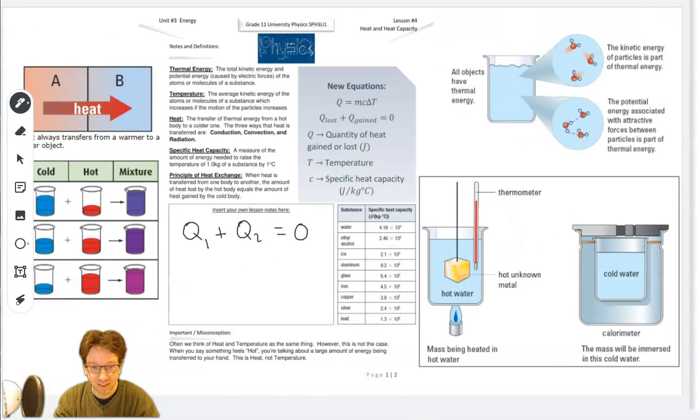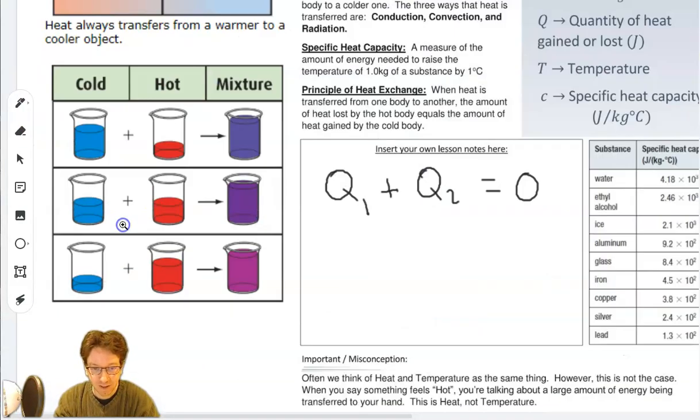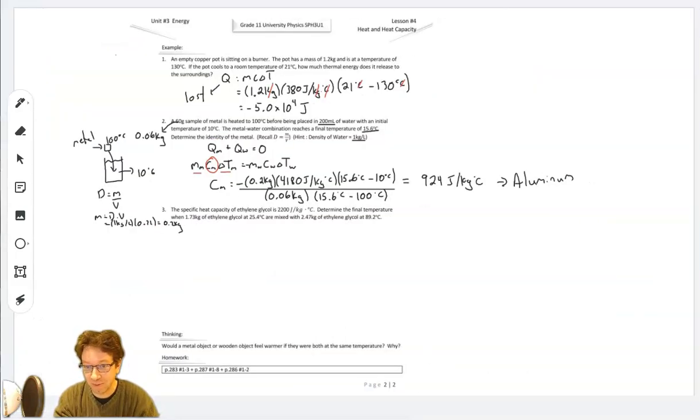So what we're doing is similar to this picture over here. So we have a certain amount of ethylene glycol at one temperature, and we're going to mix it with the same substance at another temperature, and we want to know the final temperature of that mixture. That's what this problem is asking us.